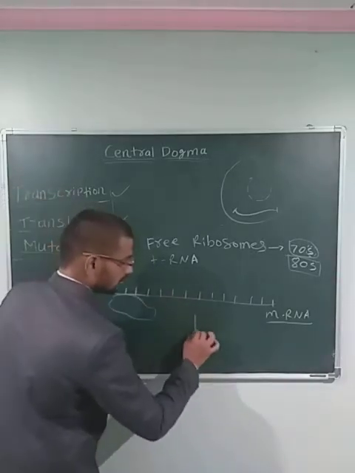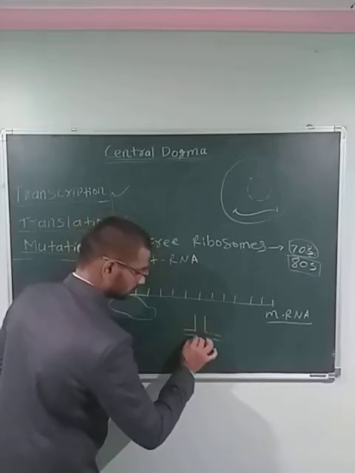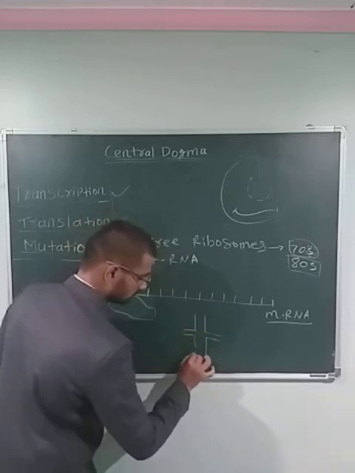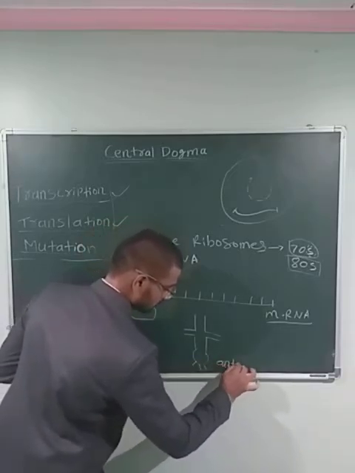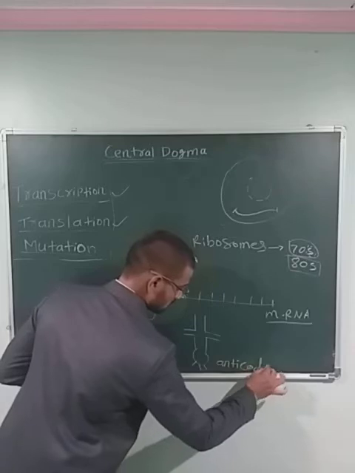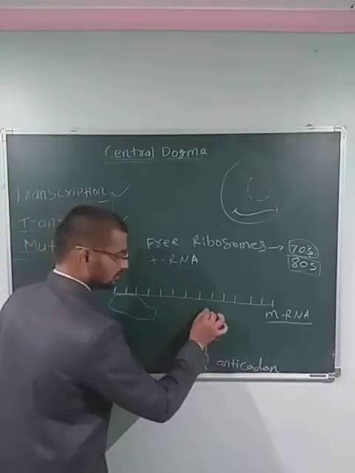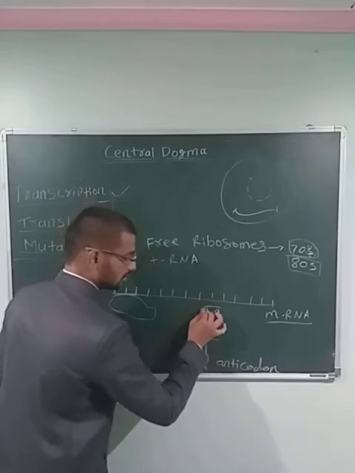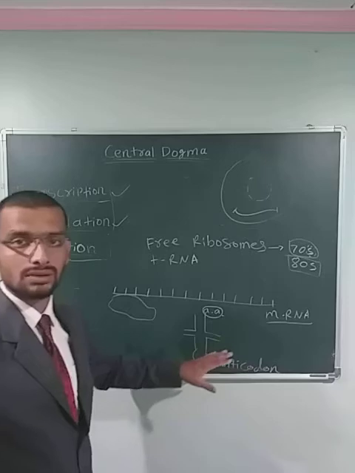The tRNA contains its anticodon sequence and an amino acid molecule. From where did we get this amino acid?